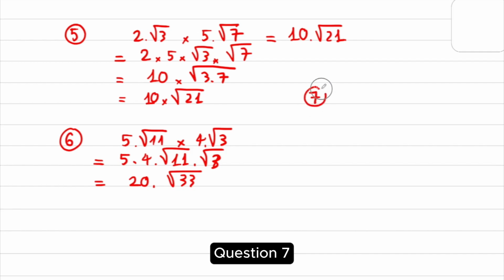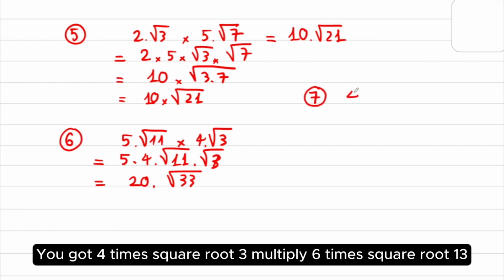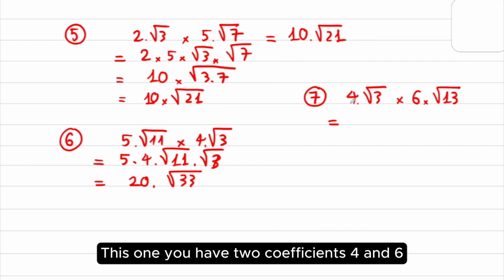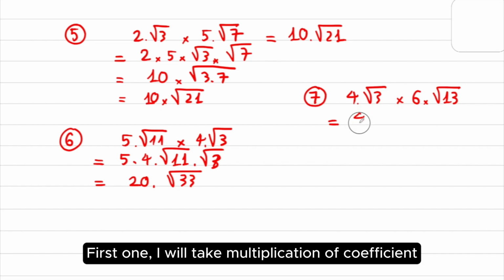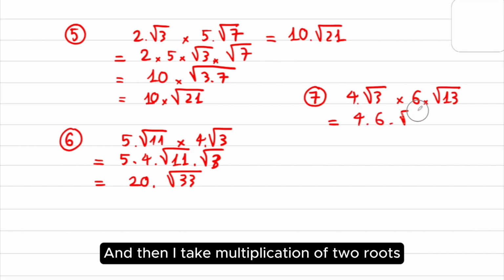Okay, question 7. You have 4 times square root 3 multiplied by 6 times square root of 13. This one has two coefficients, 4 and 6, and two roots, square root 3 and square root 13. First, I take the multiplication of the coefficients, and then I take the multiplication of the two roots.